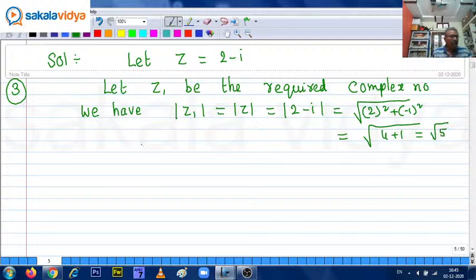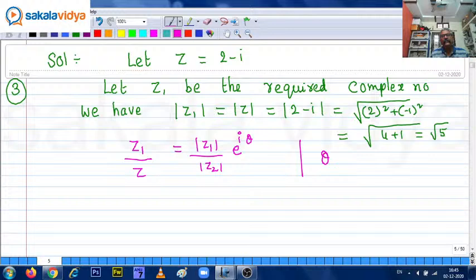So now we have the Coni formula: z1 by z equals mod z1 by mod z into e power i theta. The angle of rotation theta is equal to minus pi by 2. Let us substitute the respective values.